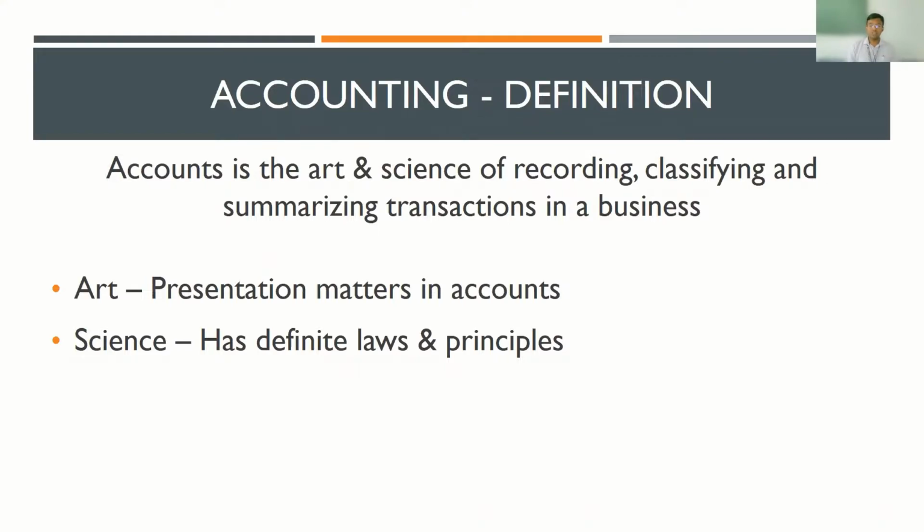So accounts is the art and the science of recording, classifying, and then summarizing transactions in a business. Okay, so there are three aspects: recording, classifying, summarizing transactions in business. So this is a simple definition of accounts.